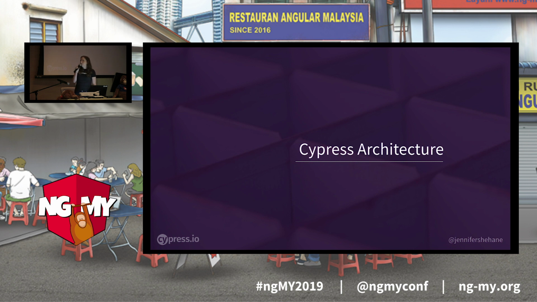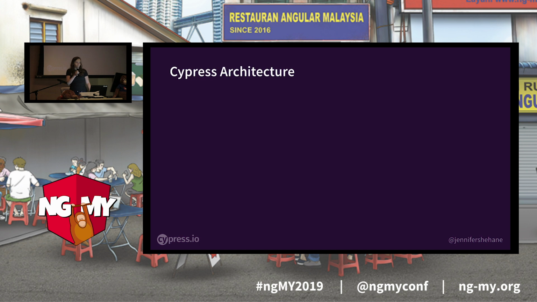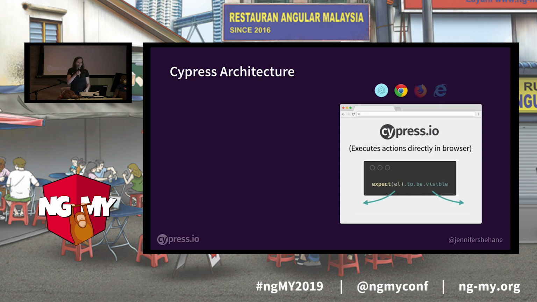So let's talk a little bit about Cypress architecture, and how it's different from WebDriver. The biggest difference between Cypress and WebDriver is that WebDriver has a RESTful command interface, but Cypress actually executes all the test code within the same context and run loop as the browser. That means Cypress can have access to everything in the browser, all the native objects, all the application code that you're testing.